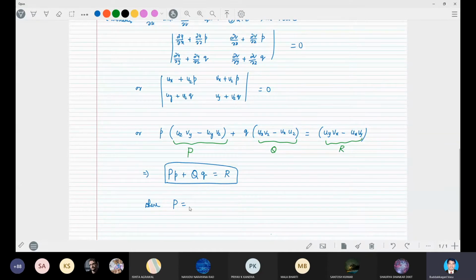So you can write it here, uz vy minus uy vz, that is equal to a Jacobian of u comma v with respect to y comma z, right?